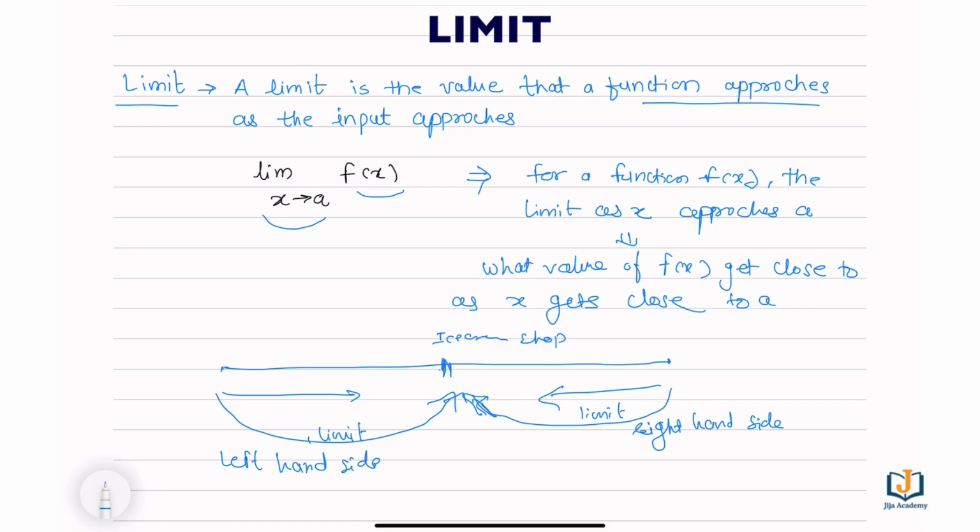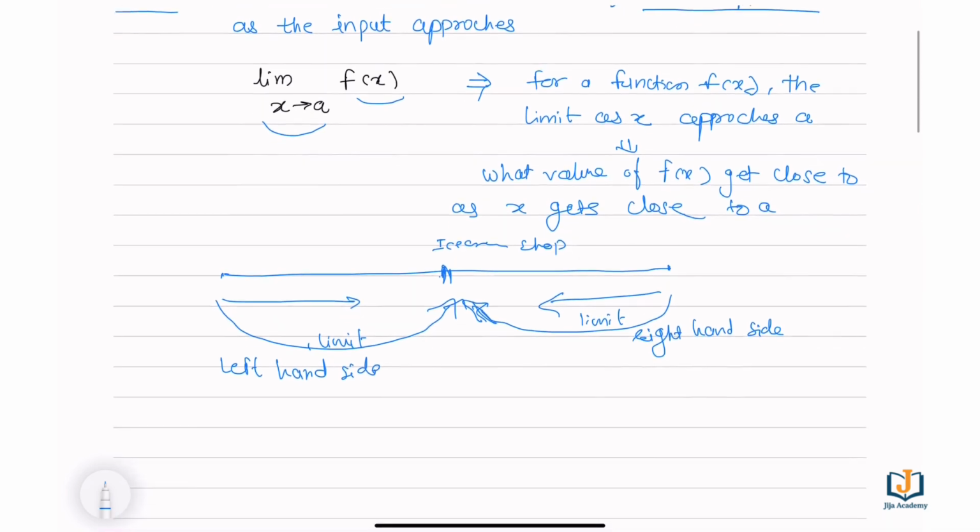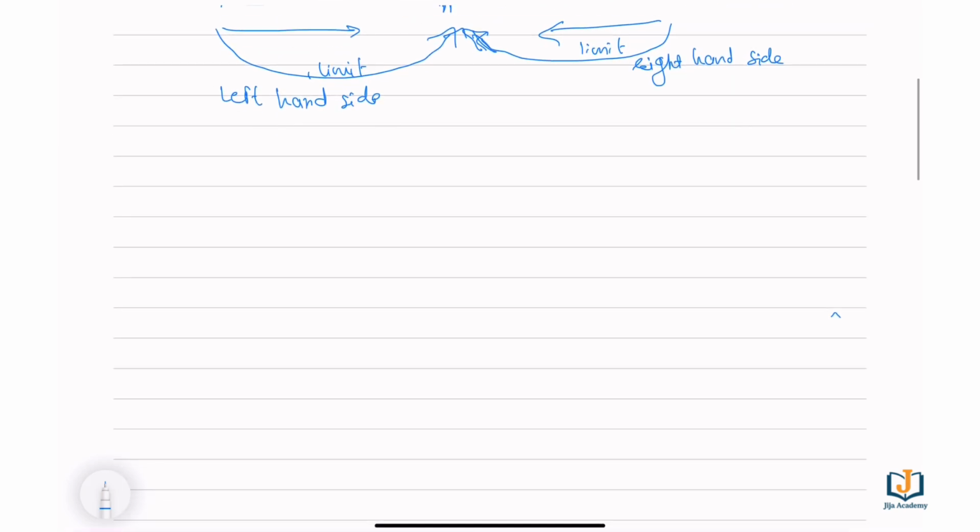To understand this limit, we are taking one example. We use limit as a foundation in calculus that helps to define derivatives, integrals and continuity. The example is f of x is equal to x square minus 1 upon x minus 1.